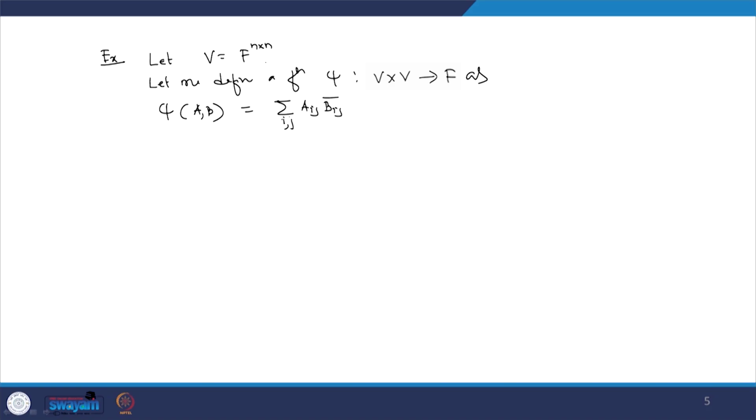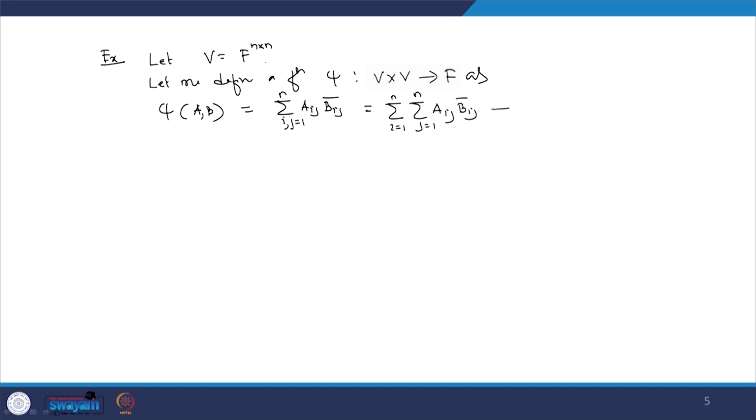The index is over both i and j, I mean to say sigma i equal to 1 to n, sigma j equal to 1 to n, Aij and Bij bar.